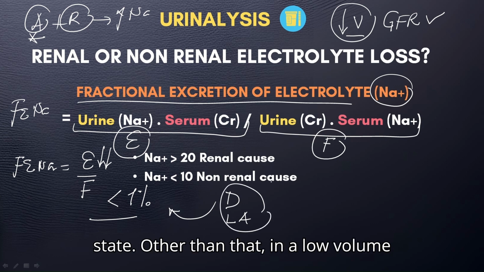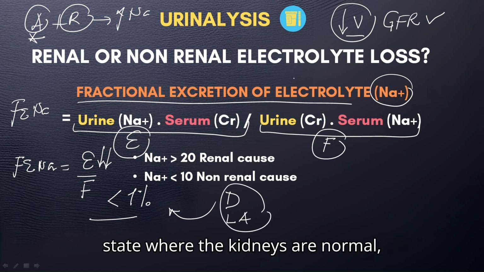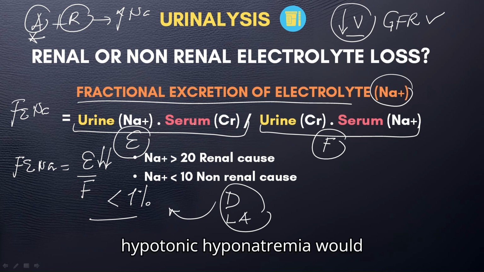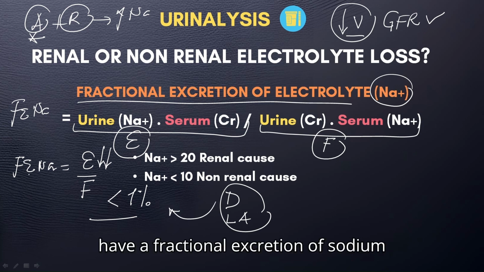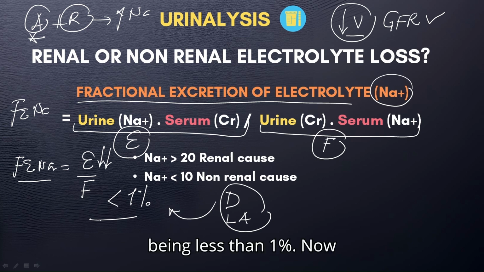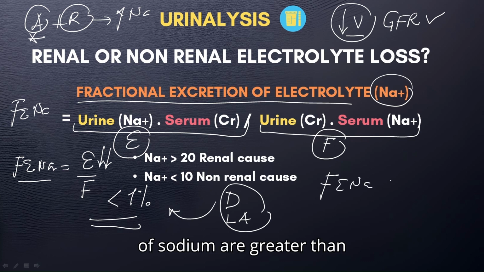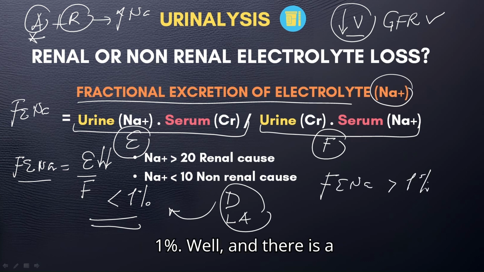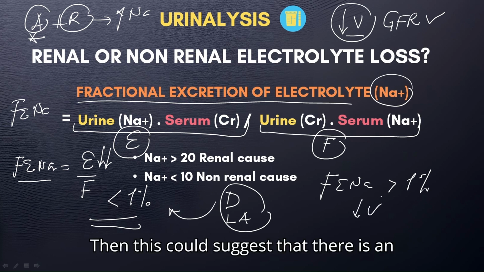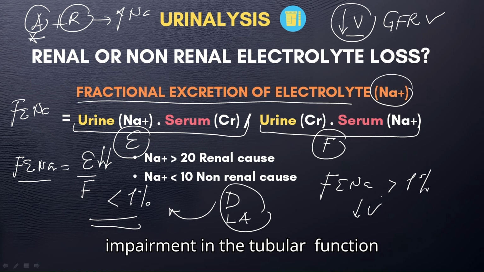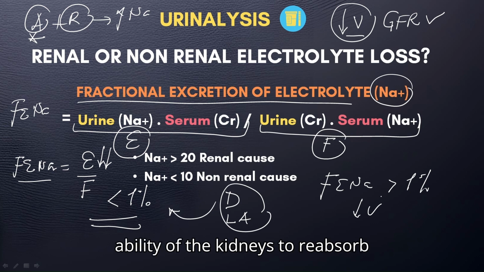Other than that, in a low volume state where the kidneys are normal, hypotonic hyponatremia would have a fractional excretion of sodium less than 1%. Conversely, if the fractional excretion of sodium is greater than 1% and there is a low volume state, this could suggest an impairment in tubular function and a likely decreased ability of the kidneys to reabsorb sodium.